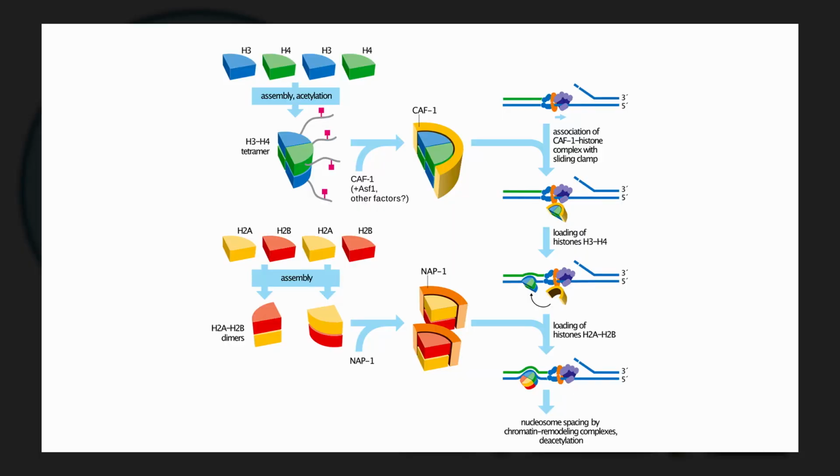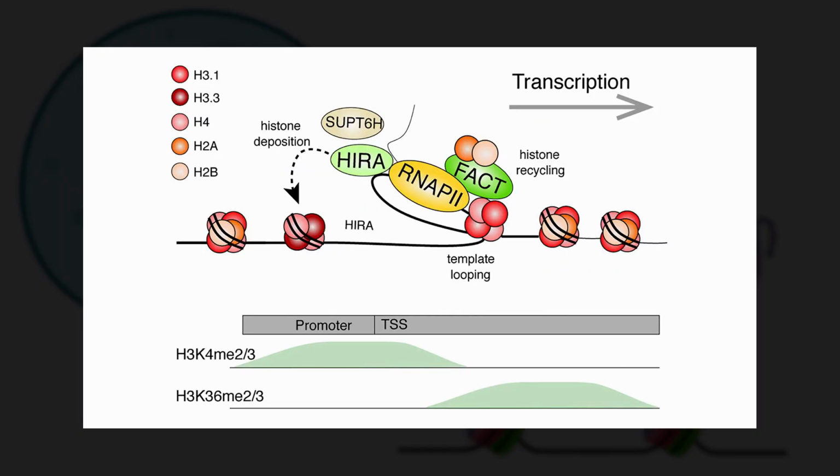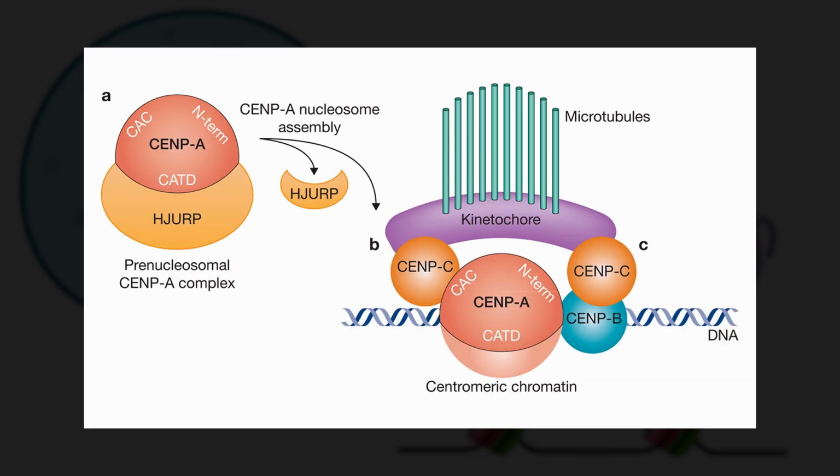Chromatin assembly factor 1, or the CAF1, deposits H3-H4 during DNA replication, and histone regulator A, or the HIRA, incorporates the histone variant H3.3 in a replication independent manner, maintaining transcriptionally active regions.